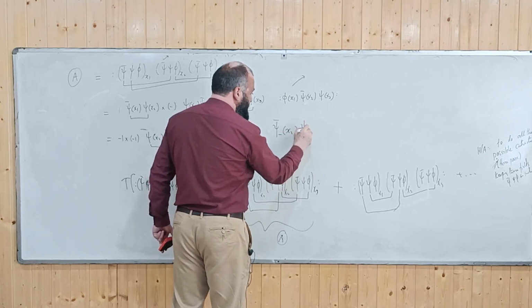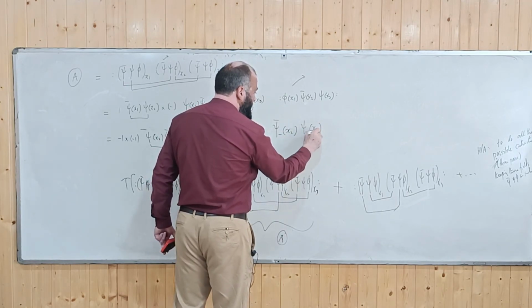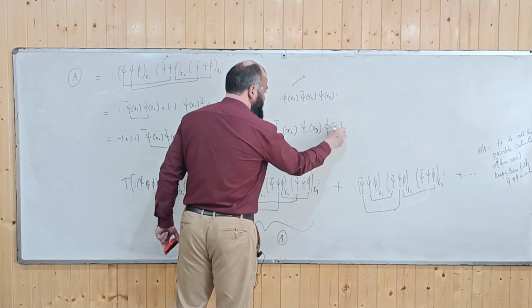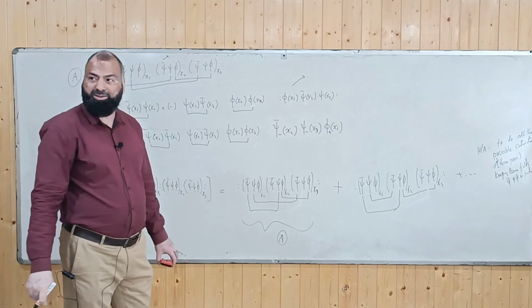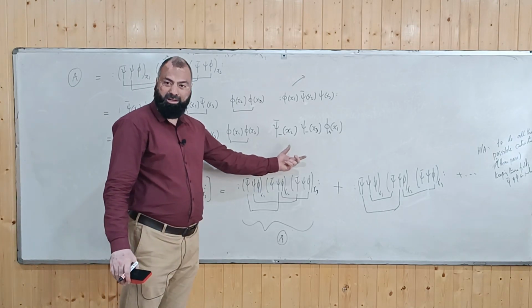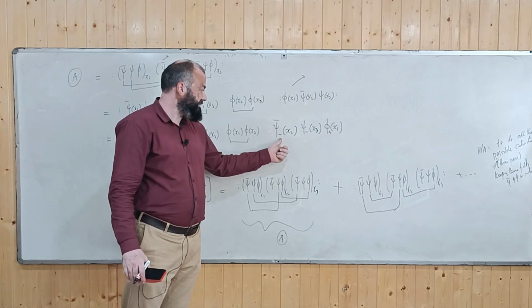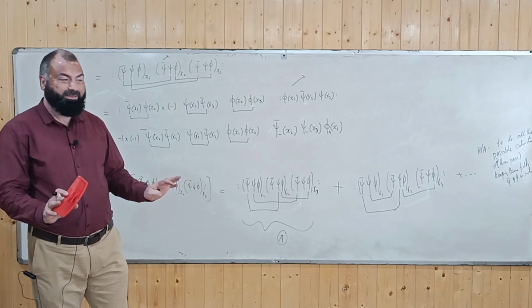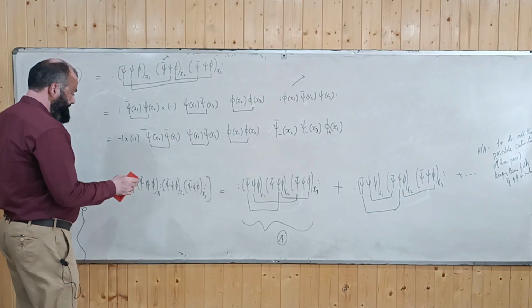Then you have psi minus, and the argument is x3. Then phi plus with argument x1. This is the term which will contribute. And I have done normal ordering; that's why I have put psi bar here and then psi here. Clear? Any problem? Now let's draw it diagrammatically.